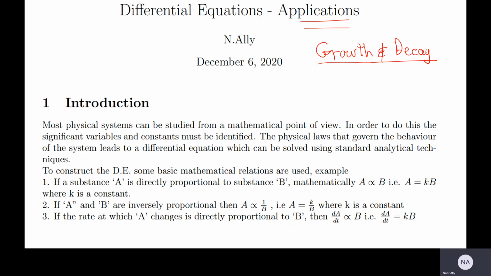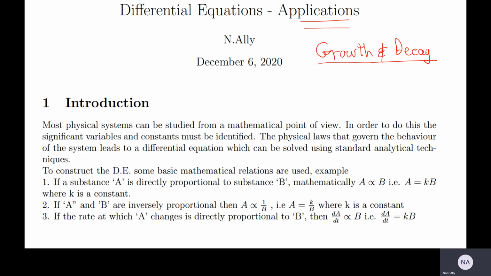What we are basically looking at here is trying to identify at what point, either in growth or decay, will the substance that is either growing or decaying be at a certain quantity relative to its original amount.